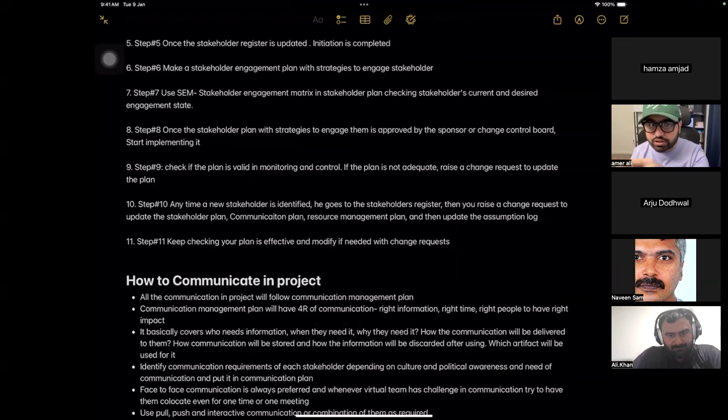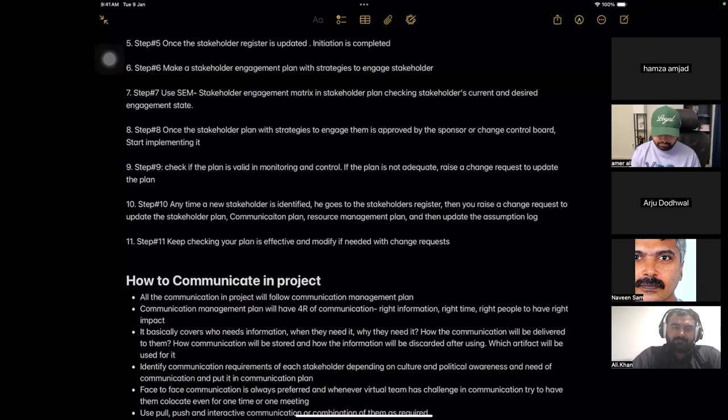Then you raise the change request to update the plan. Read the line, Naveen. Okay, so even for a change in the register, you change the register, and then if you need to update the plan, you raise a change request.